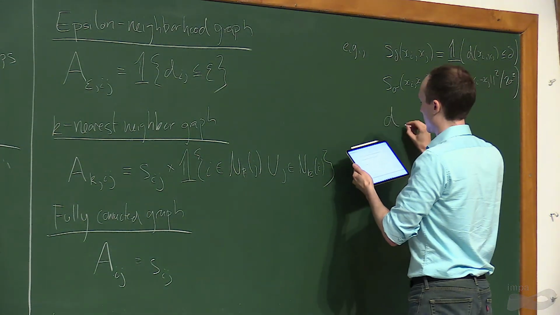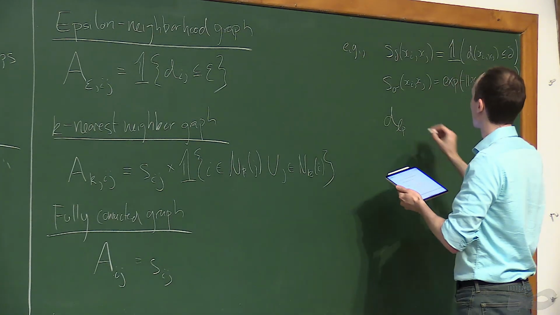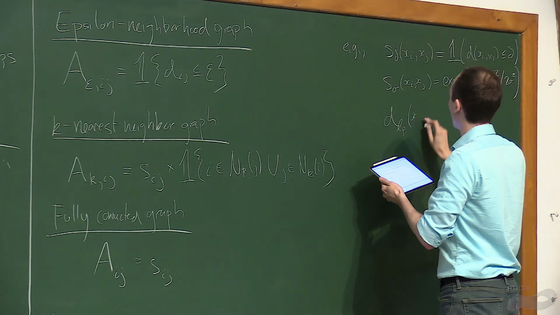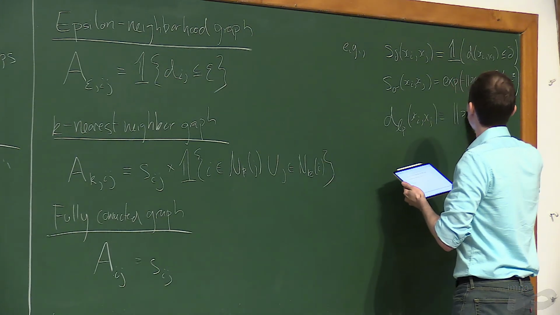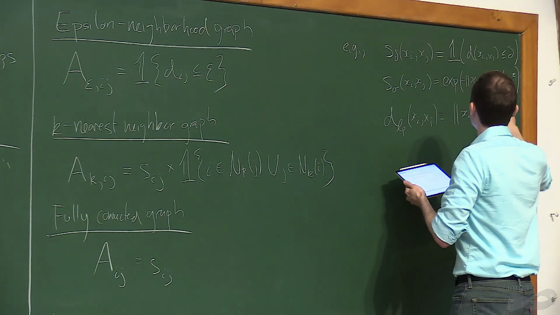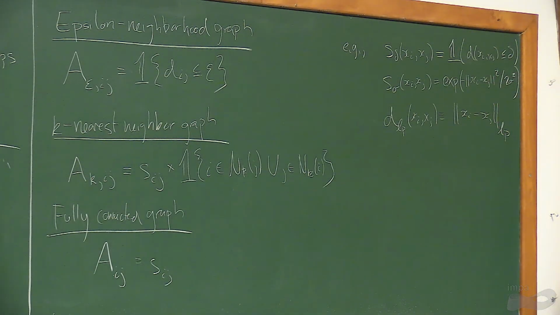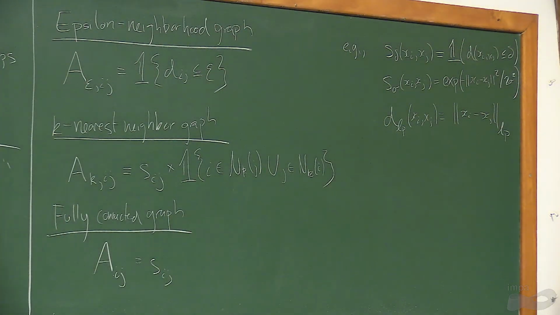And of course, perhaps in the Euclidean setting, the most natural choice of distance is just to work with some conventional vector norms. So let's just take the L_p vector norm for example. Right? So the moral of the story is that there are many different types of graphs that we could construct.